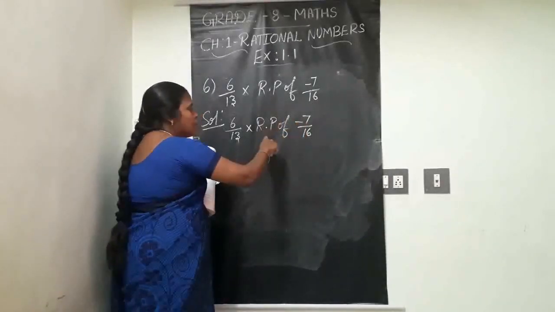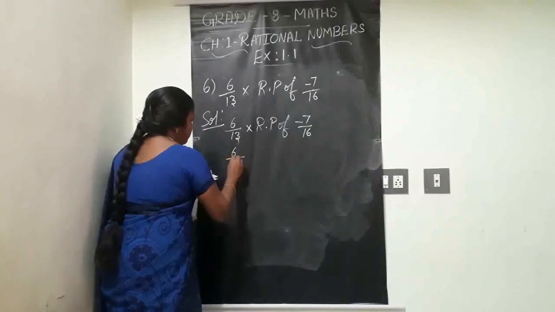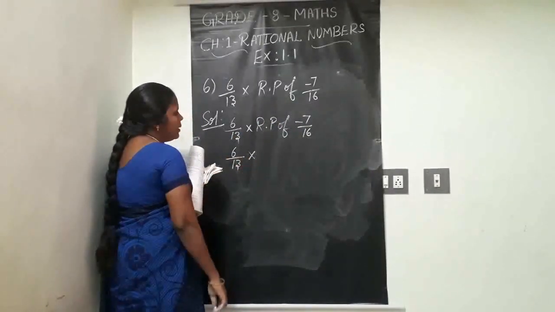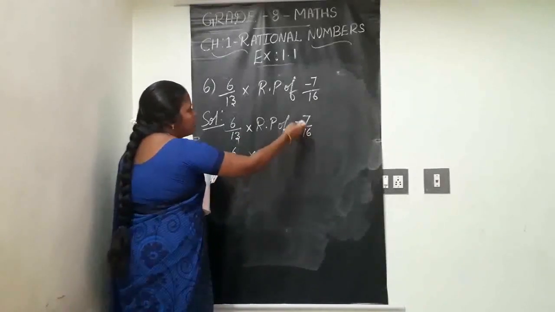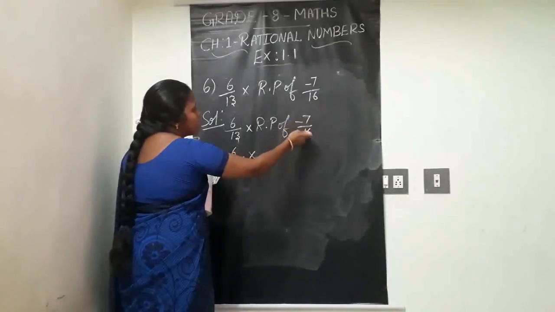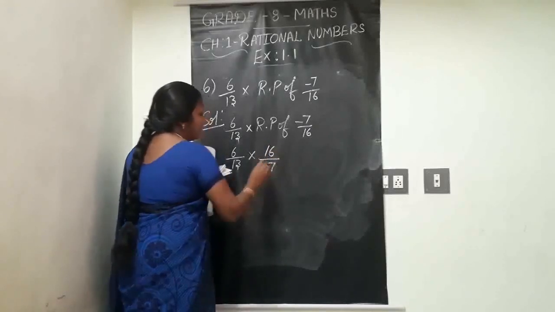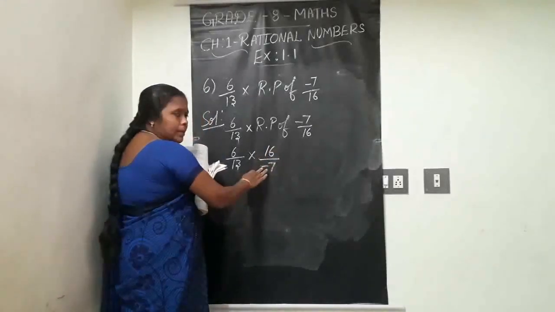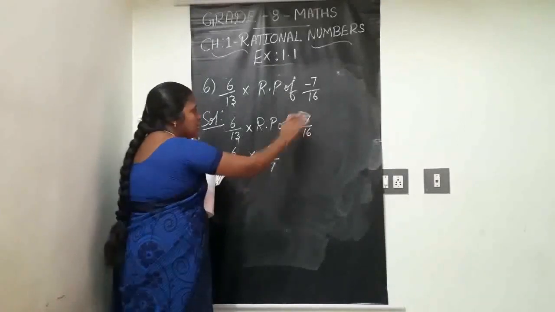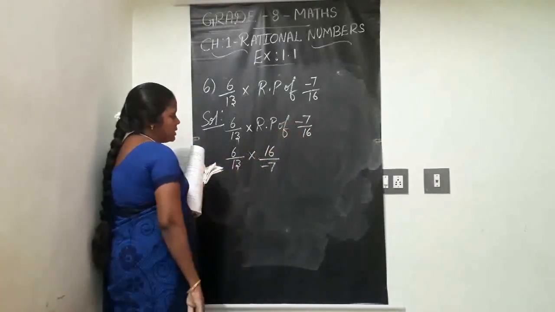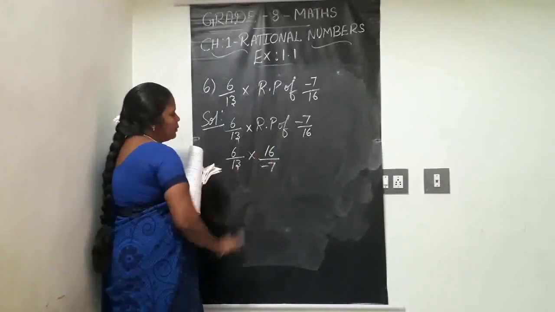What is its reciprocal? 6 by 13 as it is, multiplied by the reciprocal. What is the reciprocal of minus 7 by 16? It is 16 by minus 7. The sign remains the same; you only have to change the place of the numbers. 7 by 16 becomes 16 by 7. Now only we have to multiply.